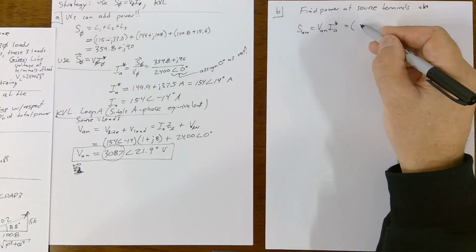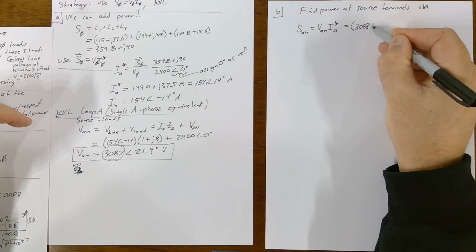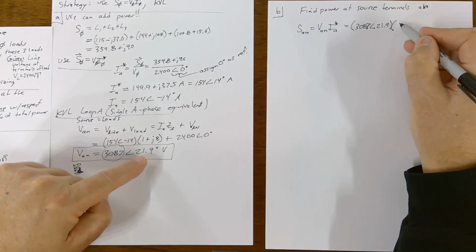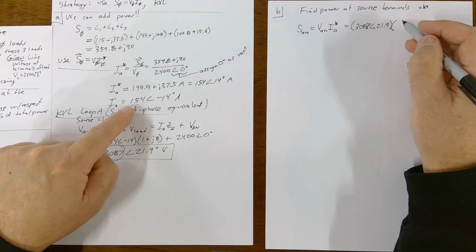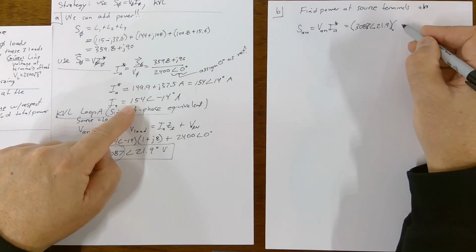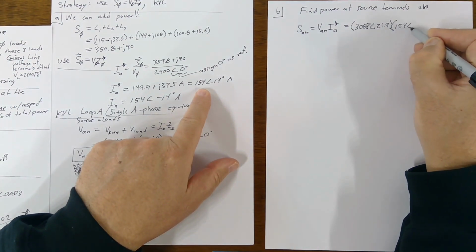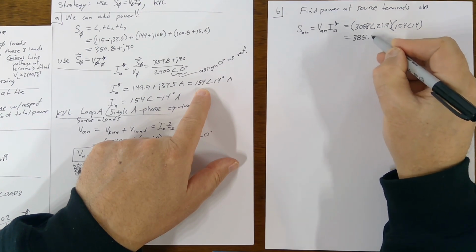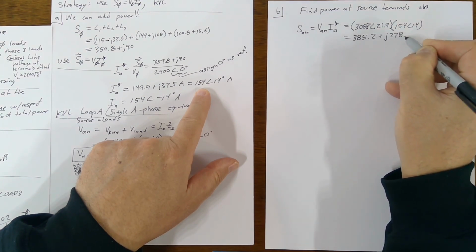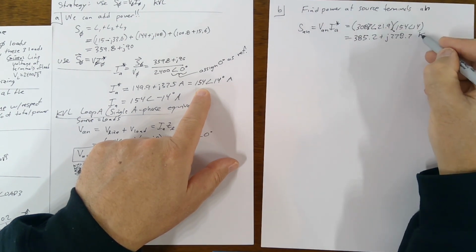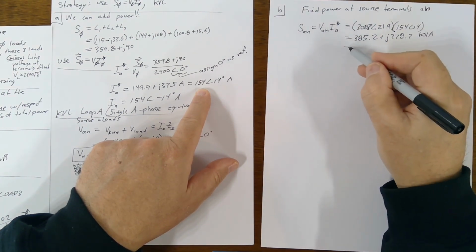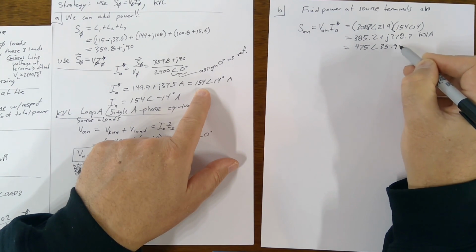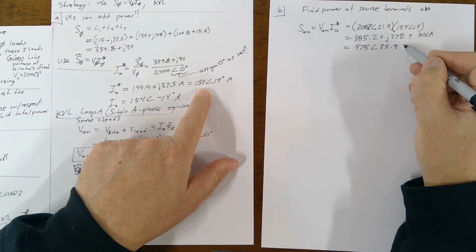Yeah, we just solved for that. So this is 3087 angle 21.9, and we need the conjugate of IA, so it's 154 angle 14. That gives 385.2 plus j278.7, and we're talking about S, so the units are volt amperes. In polar form, which we don't really need, but here it is anyway, 475 angle 35.9 kVA.